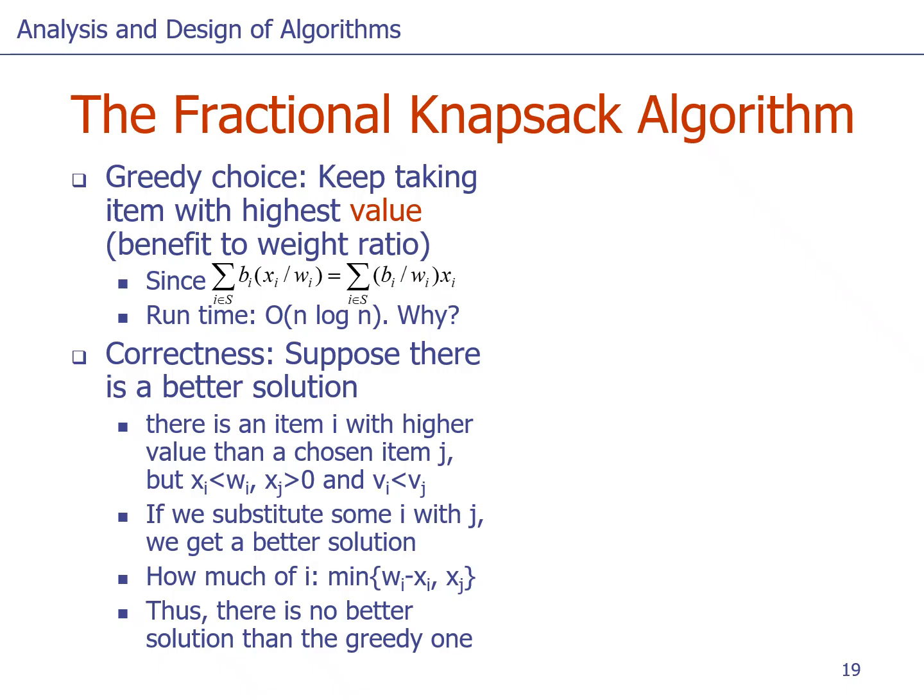After we sort them, we go over them one more time, but that's a constant. It's a one-time effort. It's n log n plus n, which means it's n log n. We will talk in more detail about that later on in terms of the performance of the fractional knapsack and the sorting algorithms.